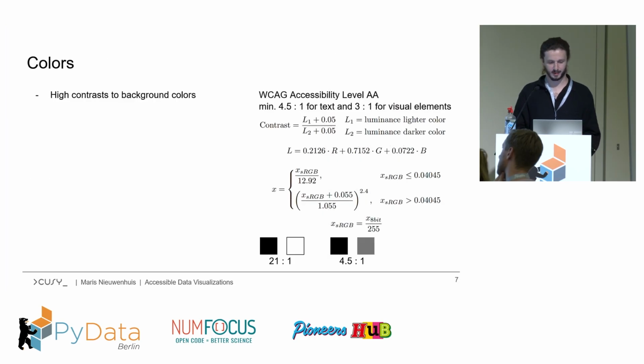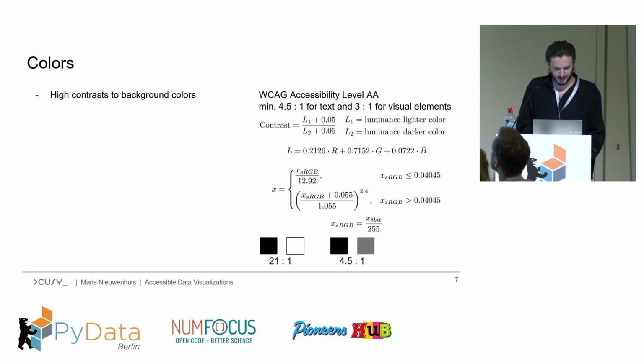We wanted to comply with WCAG accessibility level AA, and that requires smaller text to have a contrast of at least 4.5 to 1, and visual elements and their colors to have a contrast of at least 3 to 1. This is the formula for calculating the contrast.